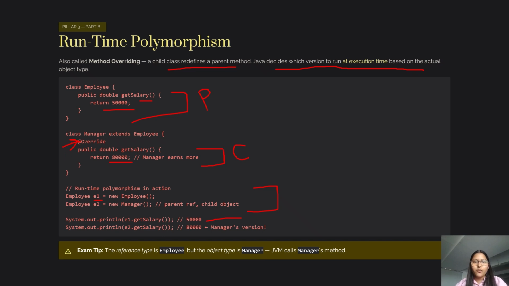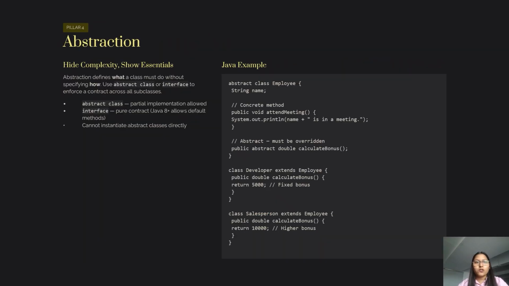But if we want to call the overridden method, then we have to refer to the Employee class by creating the Manager class object. That means the parent is the reference and the object created is of the child class, right? So e2.getSalary will print 80,000. I hope runtime polymorphism is also clear.